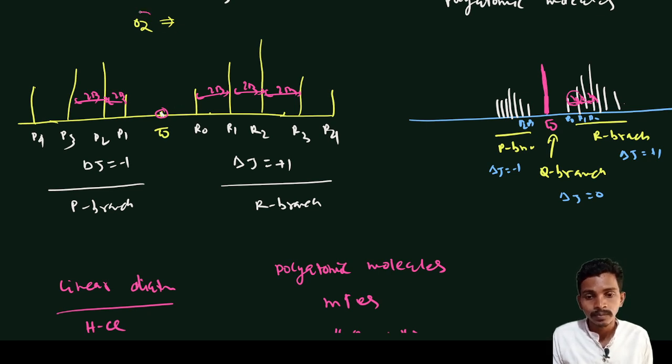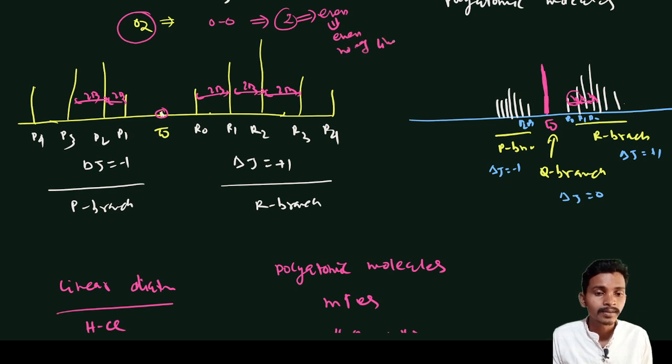And one trick you have to remember: since this is O2, the number of atoms is 2, so 2 is even. So even-numbered lines or peaks will be missing.